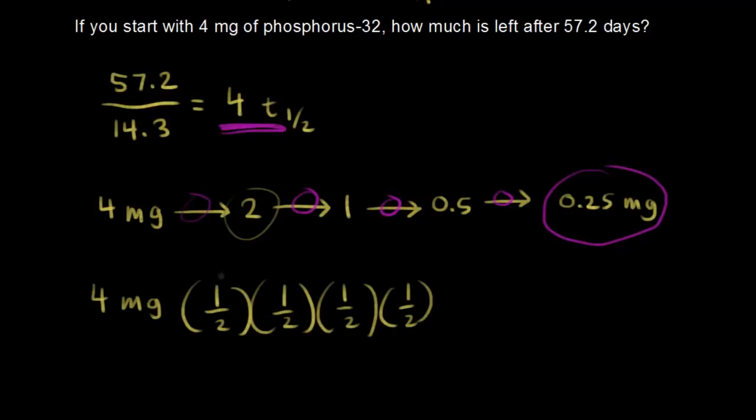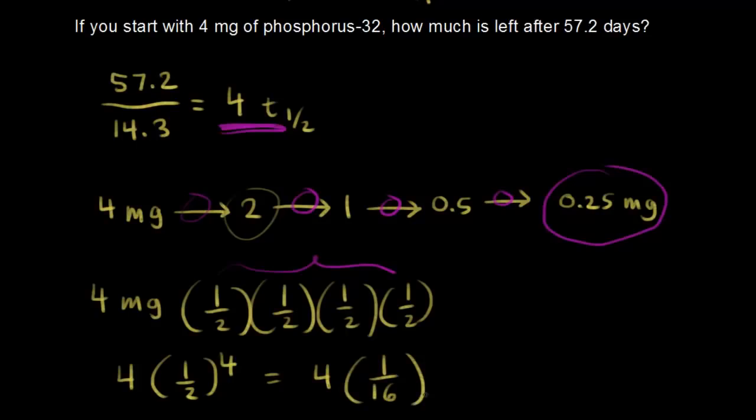So this represents our 4 half-lives, and that's the same thing as 4 times (1/2) to the 4th power, which mathematically is 4 times 1/16, so that's 4/16, which is the same thing as 1/4, and so that's 0.25 milligrams. It doesn't really matter how you do the math. There are lots of ways to do it. You should get the same answer.